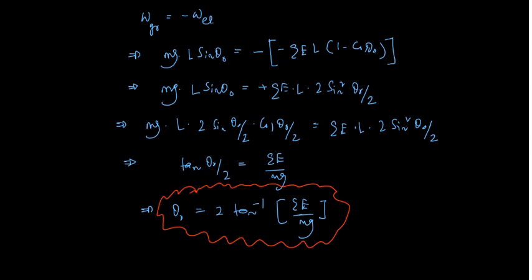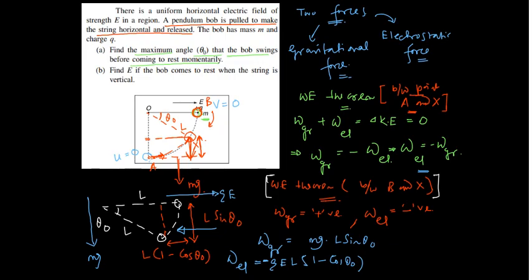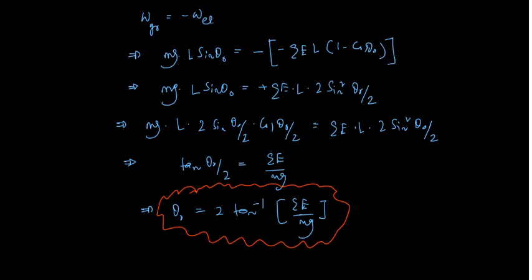See, the fallacy with this question is what you could have done wrong with this. You would say, sir, since the pendulum is at rest, the force due to electrostatic is equal to the force due to mg, so we will just equate them.